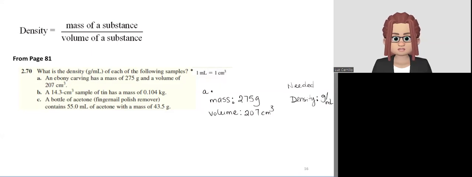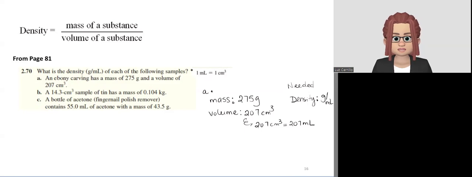It's a one-to-one relationship. So I can already change this and say, well, 207 centimeter cube is the same thing as saying 207 milliliters.